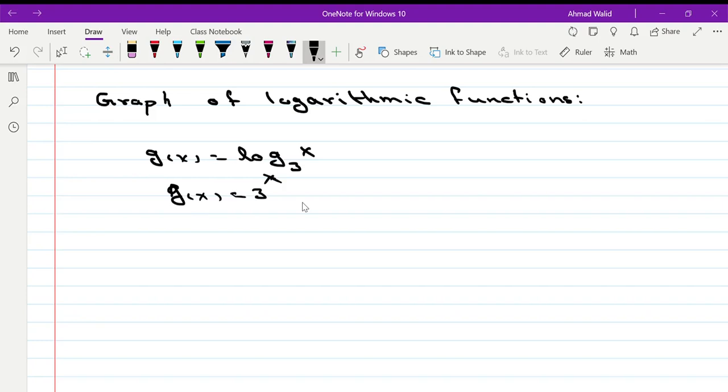Based on the bring down, cross cut way that I just showed you, correct? And now, if I want to graph g of x equals 3 to the power of x, I already know how to graph this exponential function, correct? I need a table, here x, here y, and I need at least a few points to plug in to graph g of x equals 3 to the power of x, correct?